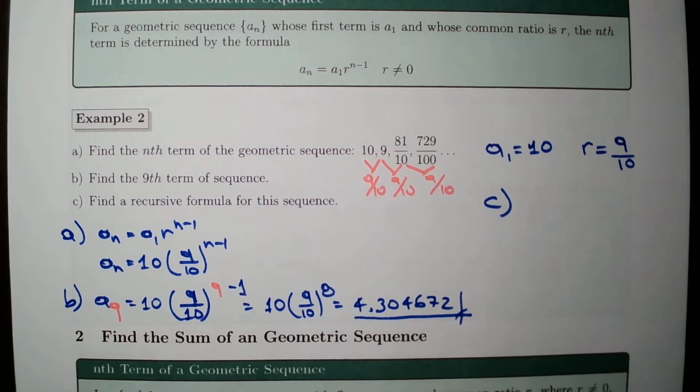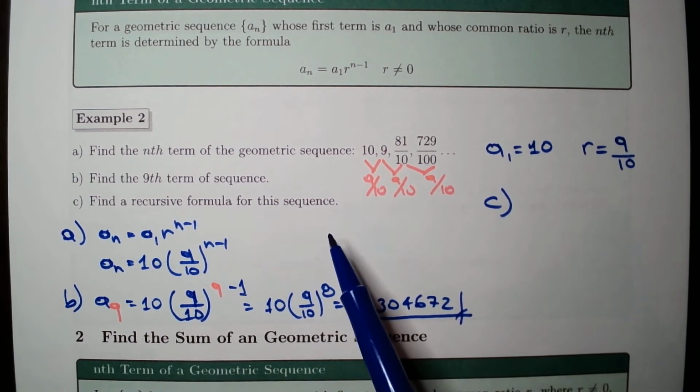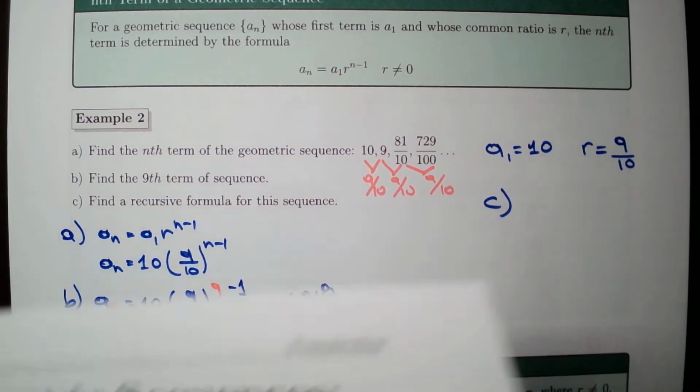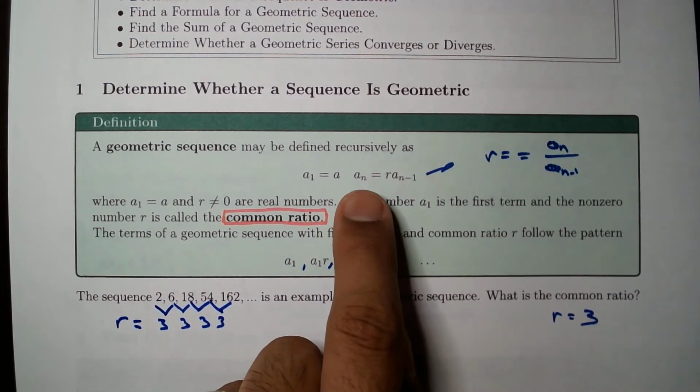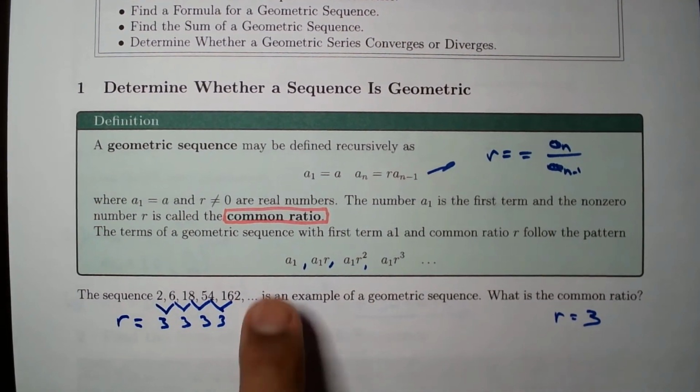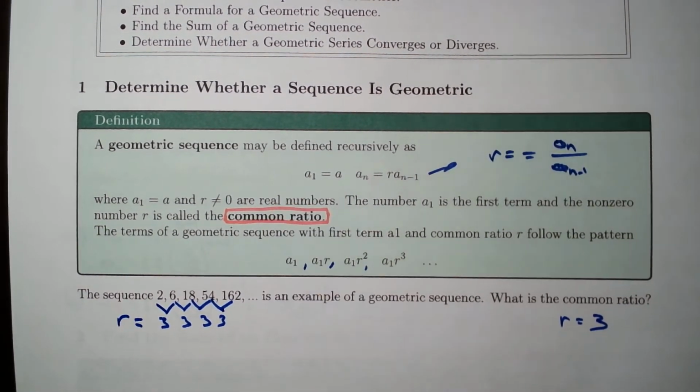Finally, letter C. For letter C, they're asking us for a recursive formula for this sequence. Okay, so recursive formula, a sub n equals r times a sub n minus 1, and then we also need the first term, a sub 1.